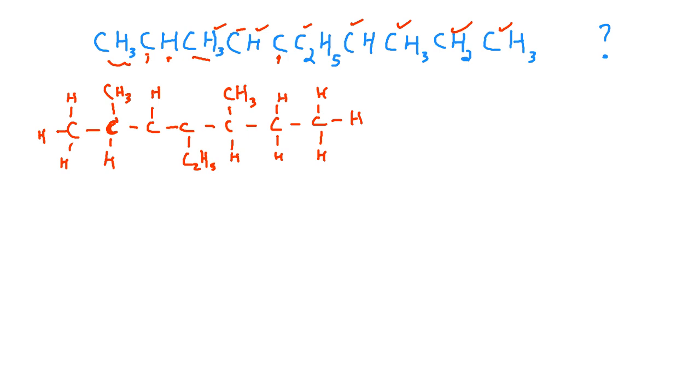So this carbon only has 3 bonds. See, 1, 2, 3. This carbon only has 3 bonds. 1, 2, 3. So the answer is we need a double bond here. Now each of those carbons is making a double bond. So if there's a double bond, we know the ending is an alkene, has to be ENE.